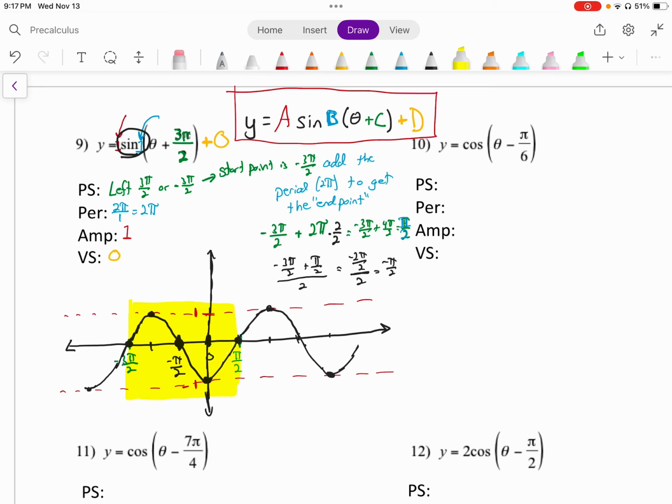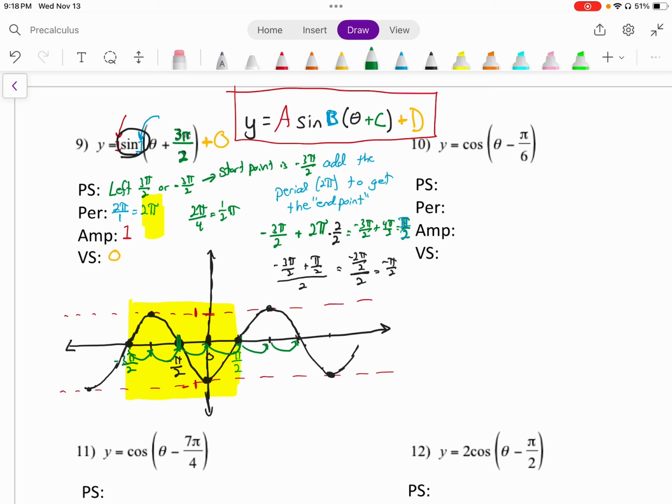Another way to think about that is your period is 2 pi. 2 pi divided into 4 equal parts is just half pi. So there's a half pi between each of these points. And then that actually just keeps continuing. You can keep adding 1/2 pi, and that will get you to the next point. So that's another way to think through what those values are.